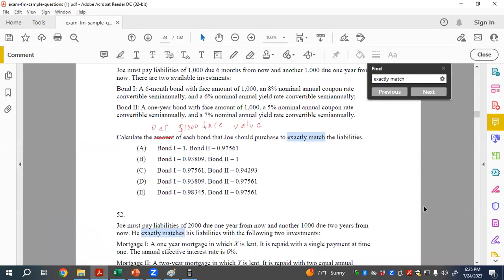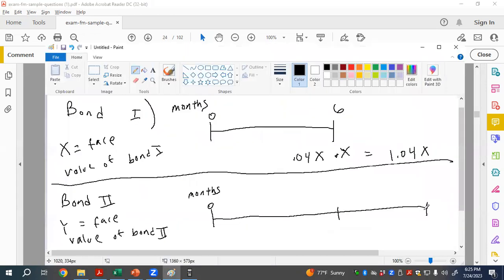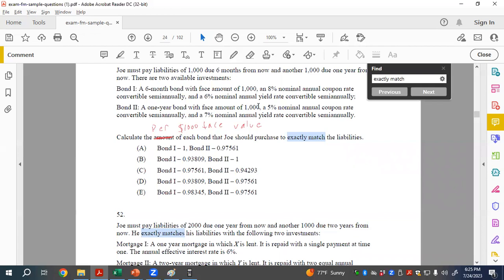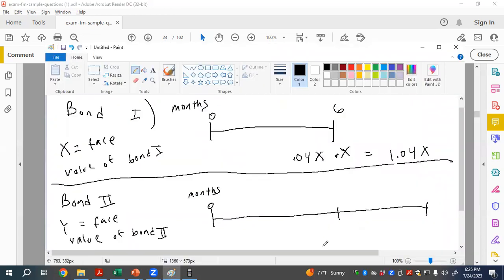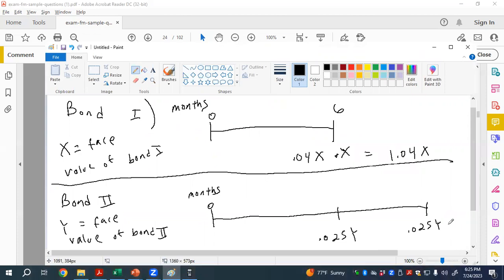What is the coupon rate for bond 2? It's 5%, so divide by 2. My first coupon is 0.025y. My second coupon is 0.025y. And then at maturity, we get y back.